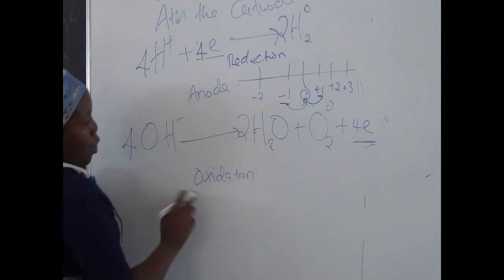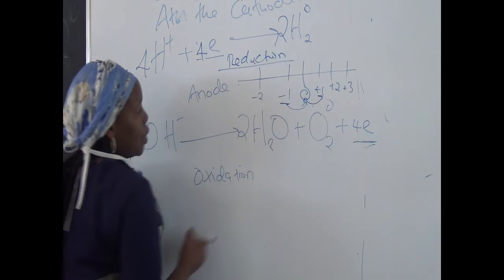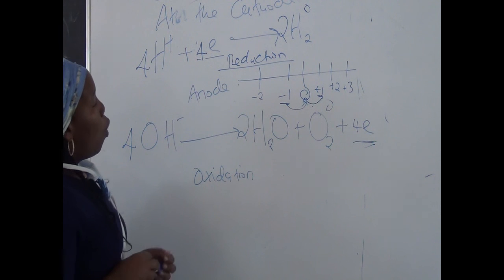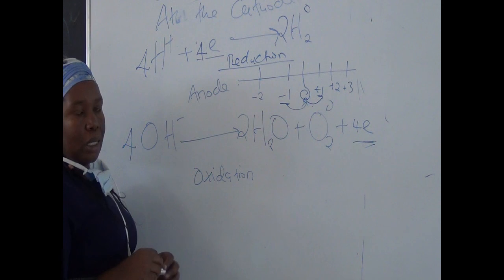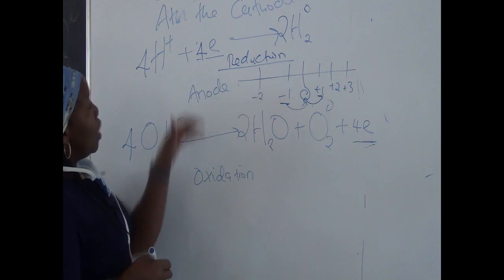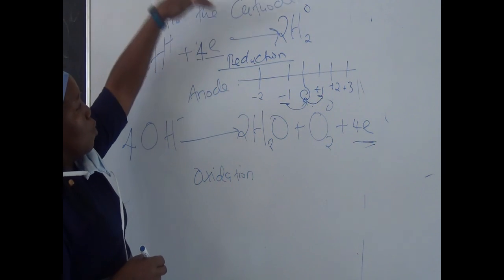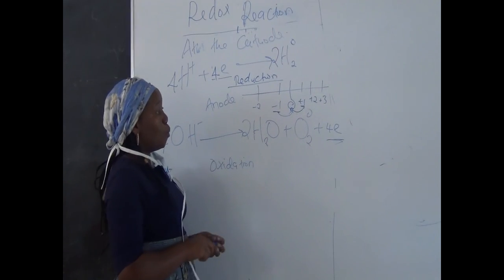So at the anode, we are having oxidation taking place, and at the cathode, we are having reduction taking place. So that is how you identify where oxidation is taking place and where reduction is taking place. And since these are happening simultaneously, we say that these are redox reactions, because reduction and oxidation take place simultaneously.